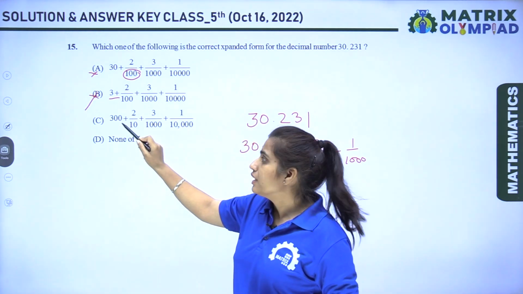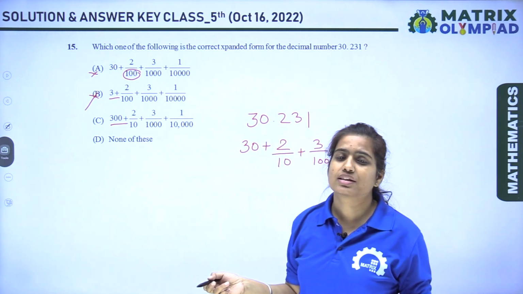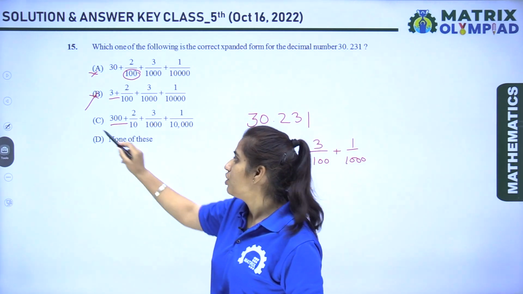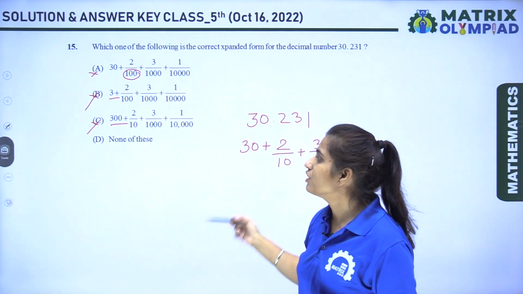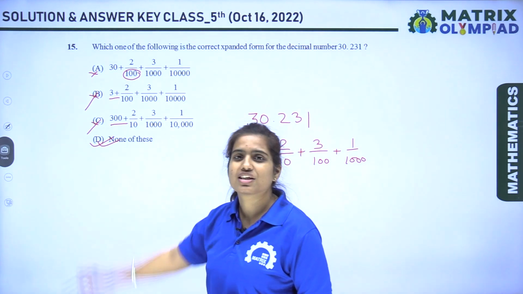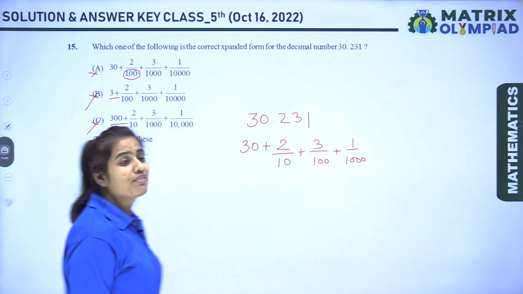Option C, the whole number 300, says itself that this option is totally incorrect, it is not correct. So out of these 4 options, only one option is left, that is none of these. So this is again the easiest one. Let's begin with the next part.